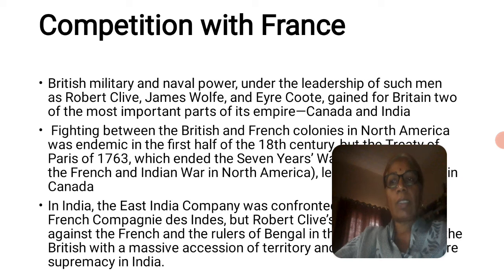In India, the East India Company was confronted by the French, but Robert Clive's military victories against the French and the rulers of Bengal in the 1750s provided the British with a massive accession of territory and ensured their future supremacy in India.